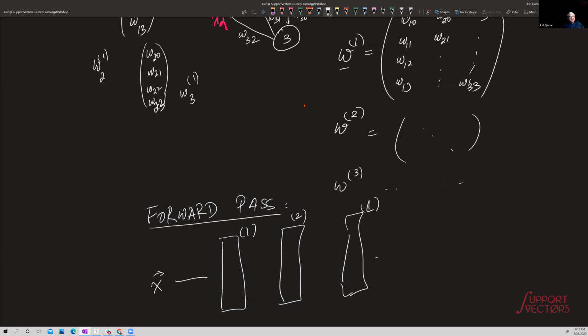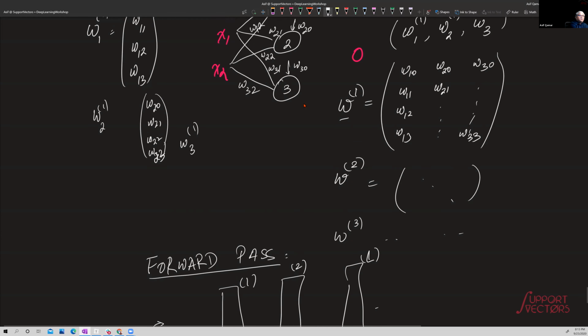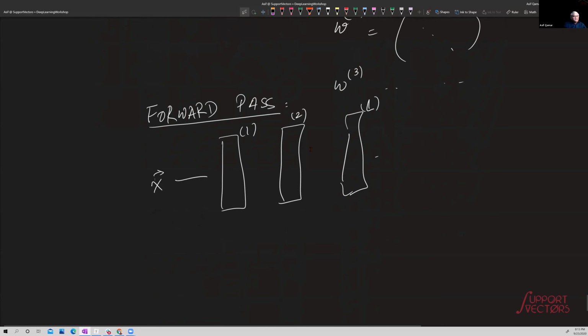It will take you a while to realize how to do that. Suppose I have X1, X2 here, right? So how do we do this multiplication? What is the output of the first node?